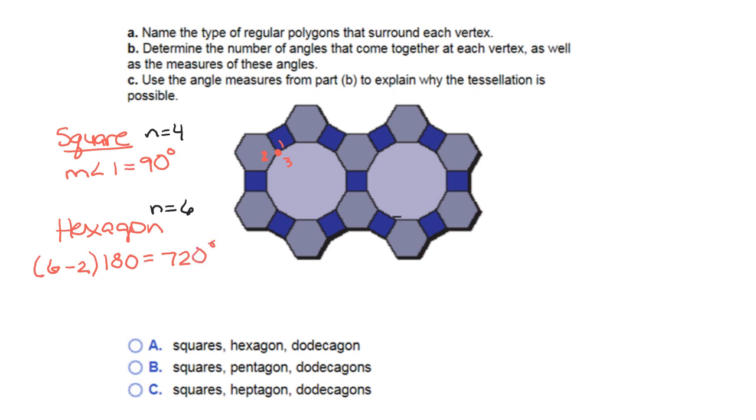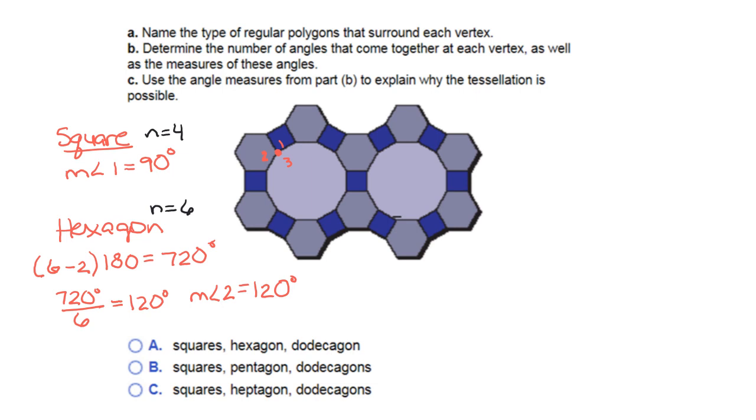Next, we want to find how much one angle measures. So 720 degrees divided by the 6 sides, and I'm coming up with 120 degrees for each interior angle. So therefore, my measure of angle 2 is going to be 120 degrees.